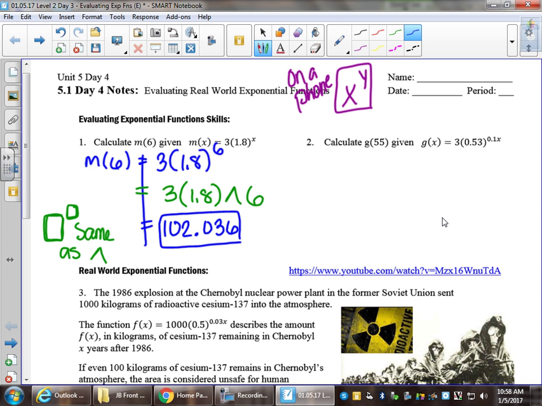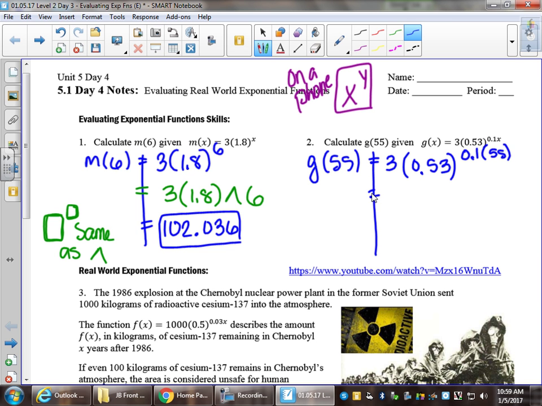For this next one, my phone people, you might have an extra step to do. Number 2, what are we substituting in? 55. So g of 55 equals 3 times 0.53. In this exponent position, I'm now going to write 0.1 times what? 55. Now here's where my people on phones, you might have an extra step to do.